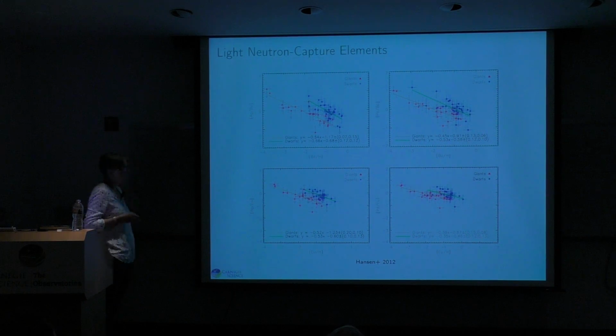And if silver and barium and palladium and barium were co-produced, you would see flat trends in these plots. But as you see a clear anti-correlation, it highly suggests that there are two processes, one that's responsible for the silver and palladium, and one that's responsible for the barium.